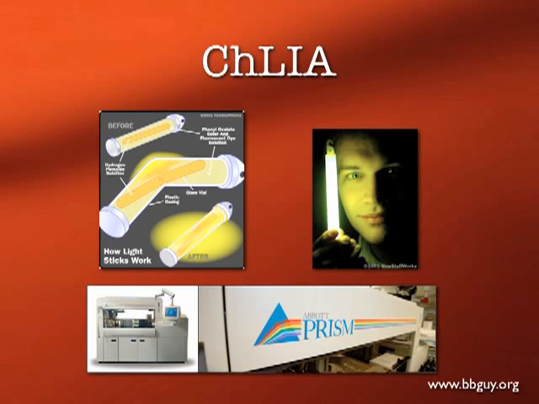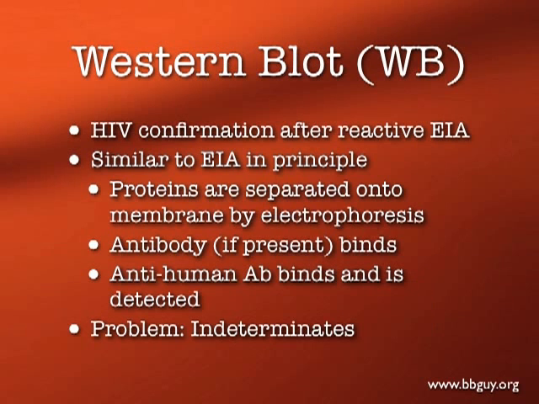The main instrument that's used to do chemiluminescence is the Abbott Prism system, and it does the test that you see there on the screen. And chemiluminescence really is just like a glow stick. If you think about the glow sticks that kids crack and they give that bright green light, that's really a chemiluminescent reaction. Again, hydrogen peroxide exposed to a particular substance gives off that glowing light. And there's a picture, by the way, of the Abbott Prism on the bottom of the screen.